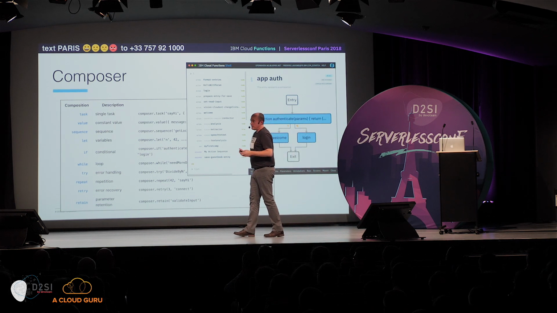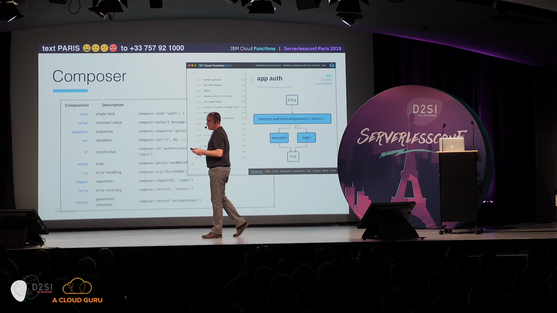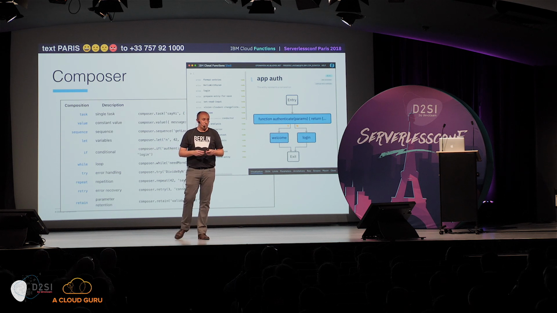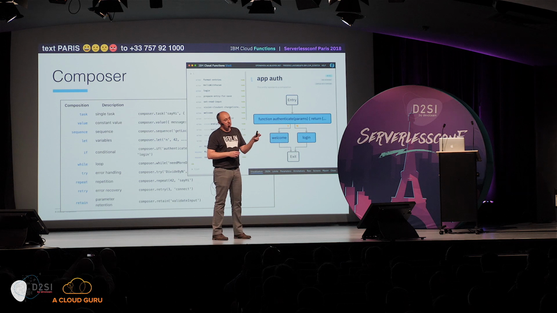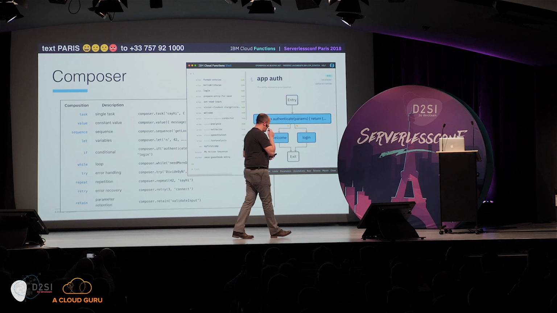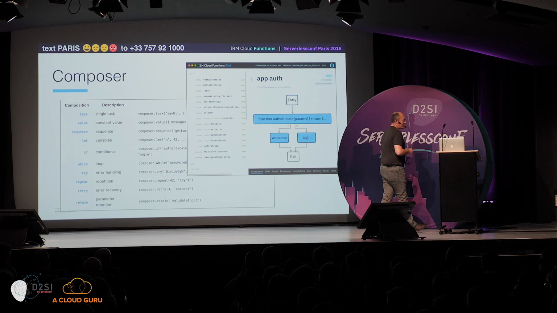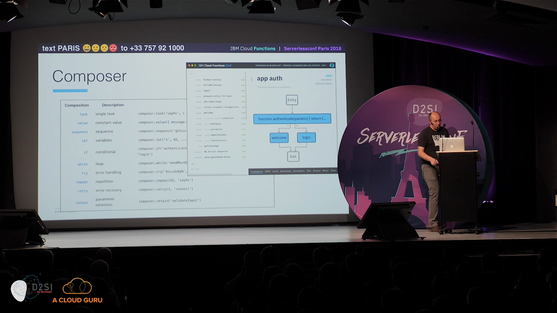So the composer is there for this and gives you some combinations so that you can do ifs, you can do repeat loops, maybe take the output of one action and reuse it later in the flow. So this is currently in development on top of Cloud Functions and OpenWhisk.